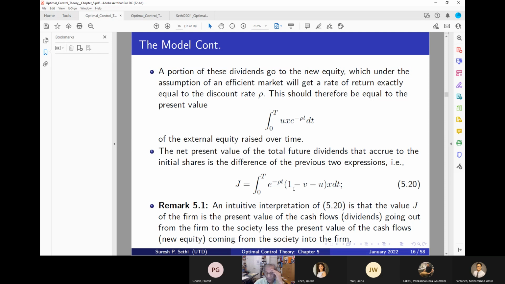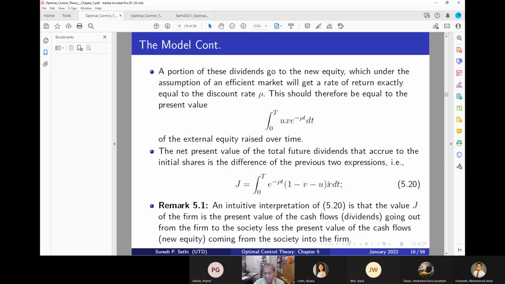Trying to understand that allowed me to learn a lot more about Miller-Modigliani theory. I wrote several papers, including a stochastic extension of Miller-Modigliani, and I've been thinking of writing a book on it, probably a 200-page book, but I haven't had the time. But the papers are available.